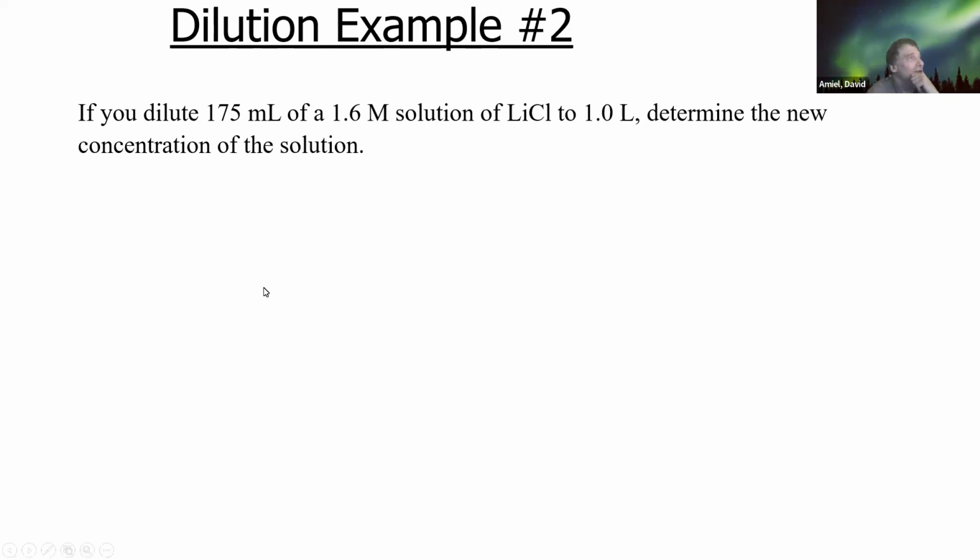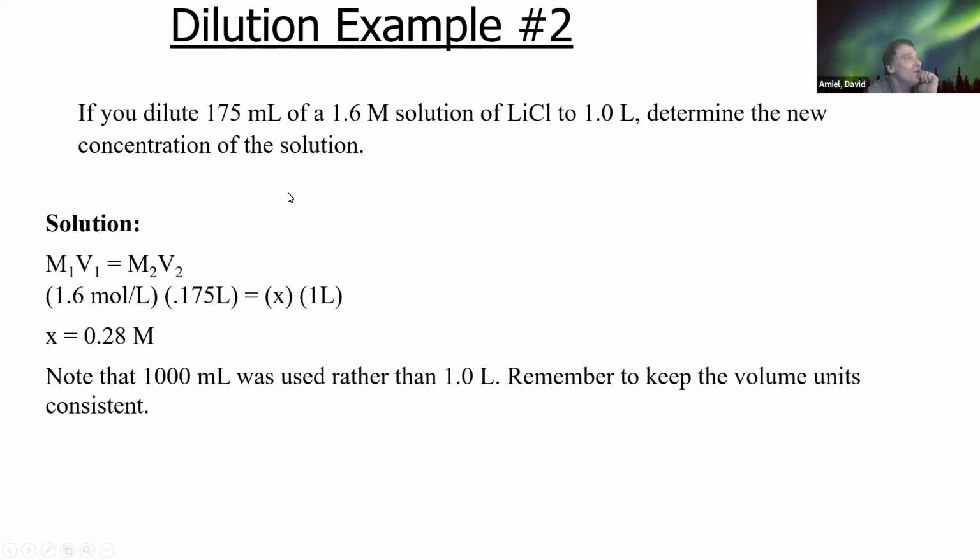All right, here's another one. If you dilute 175 mils of 1.6 molar to 1 molar, determine the new concentration. So I can see that I'm already looking for C2 because we're given the stock solution. And I recognize that I'm looking for C2 or V2. There's my V2.